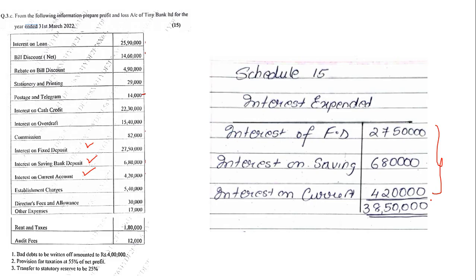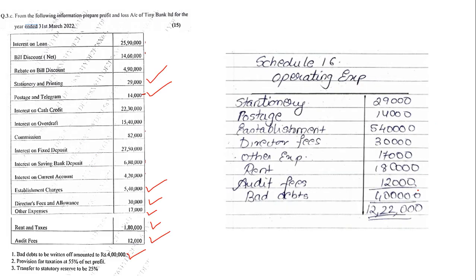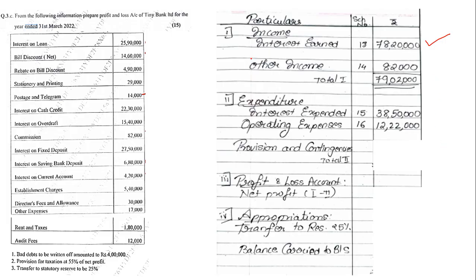Schedule 15 is 38,50,000 and schedule 16 is 12,22,000. All these 4 values will be taken into consideration first. Interest earned 78,20,000, other income 82,000. We add up and get 79,02,000 as the total income. Under expenditure, interest expended was 38,50,000 and operating expense was 12,22,000.